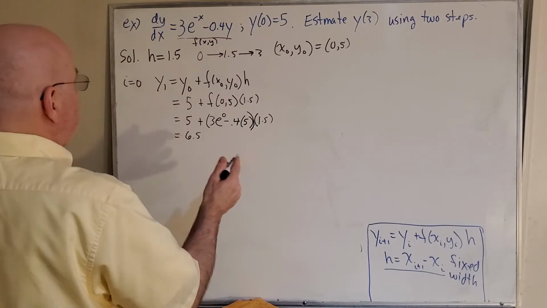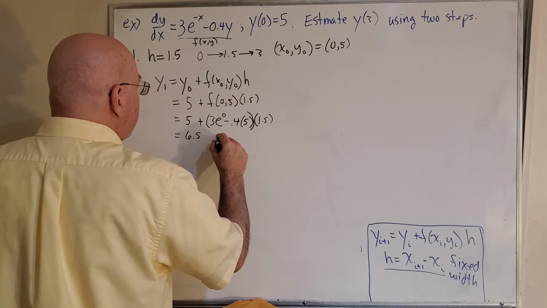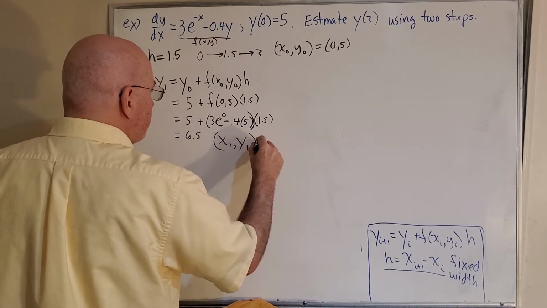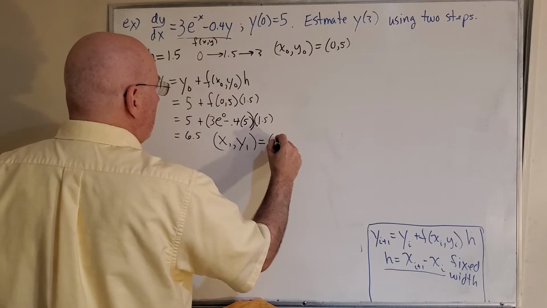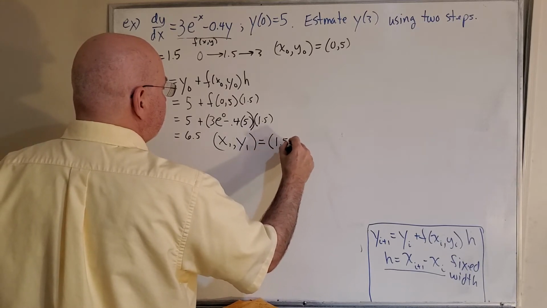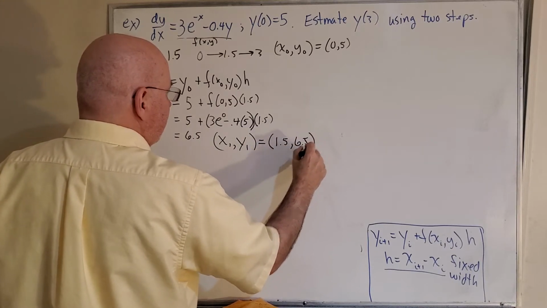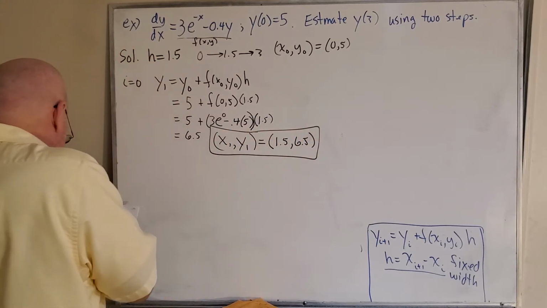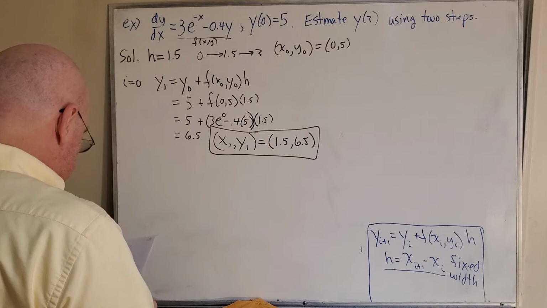So we get now that x1, y1 is equal to 1.5, 6.5. Now we just have one more point to go.